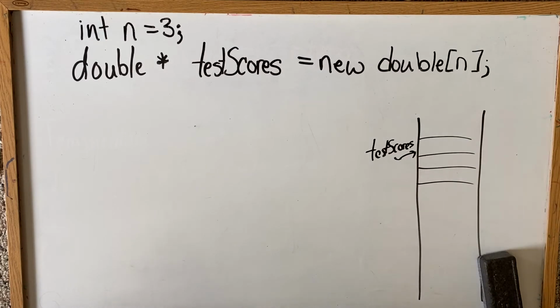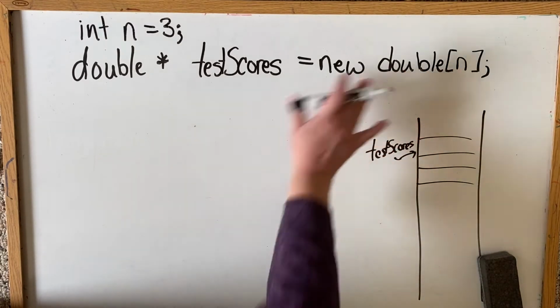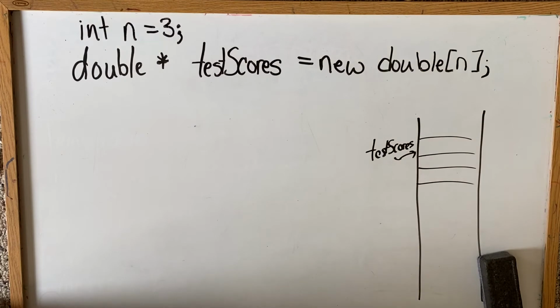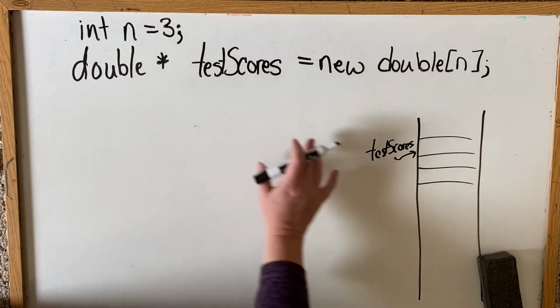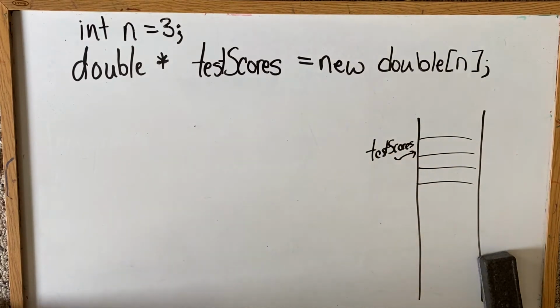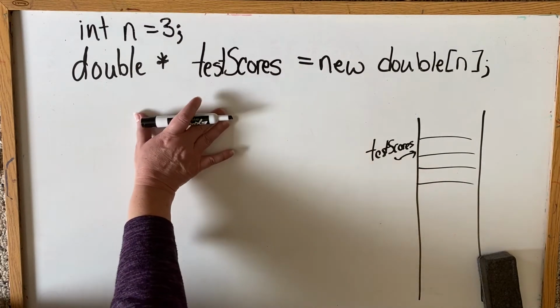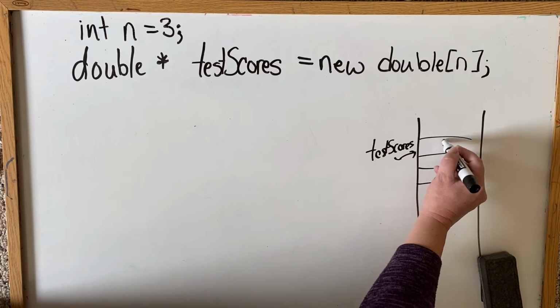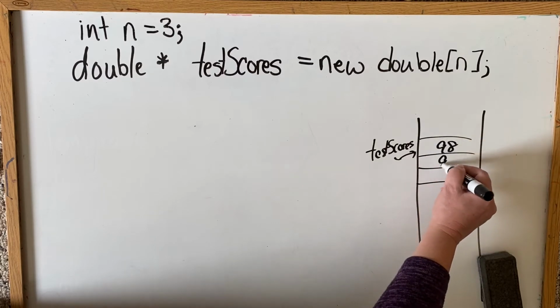So if we want to double the size of our test scores, we're going to have to allocate a new array. We can't adjust the size of this one. We want to create a new array because we have some scores in here already, let's say.